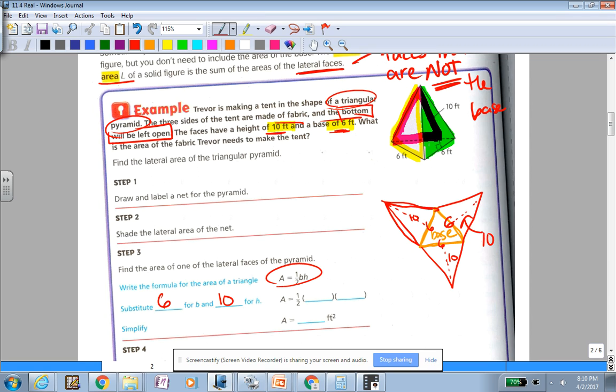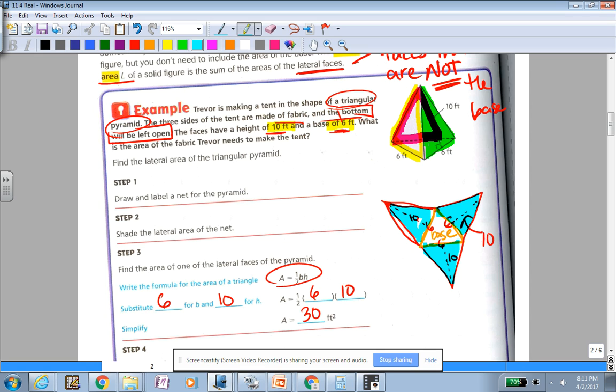And what's 1/2 of the base times height, or 1/2 of 6 times 10? Well, 6 times 10 divided by 2, or half of 6 is 3. 3 times 10 is 30. And so in this case, since I'm just looking at only the lateral faces, I'm looking at this face, and this face, and this face.